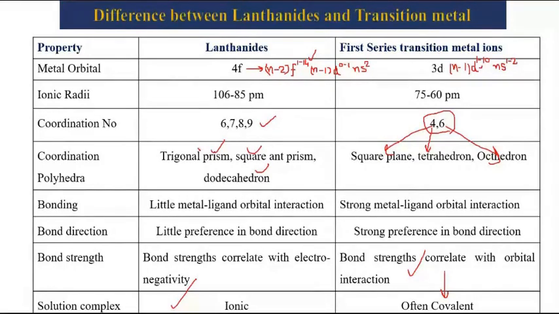Now the bond directions: poor preference is given in case of lanthanide. However, in case of transition metal, there is a strong preference in bond directions. Bond strength correlates with the electronegativity. So if the nature of the ligand is going to define with respect to the electronegativity, metal is always electropositive. It means that the nature of the complex is going to be ionic in case of lanthanide, and it is covalent in case of transition metal.